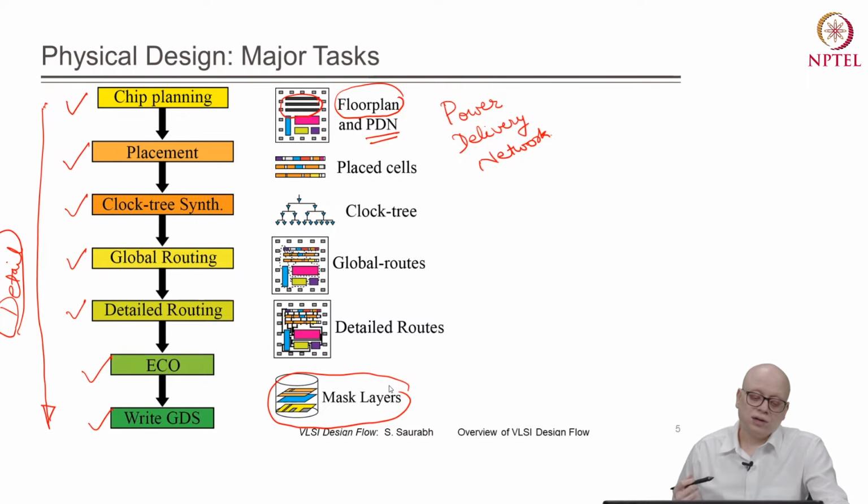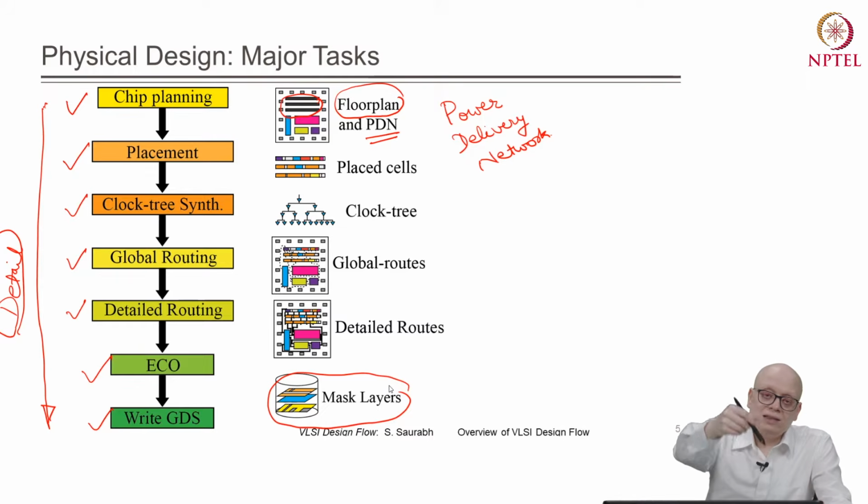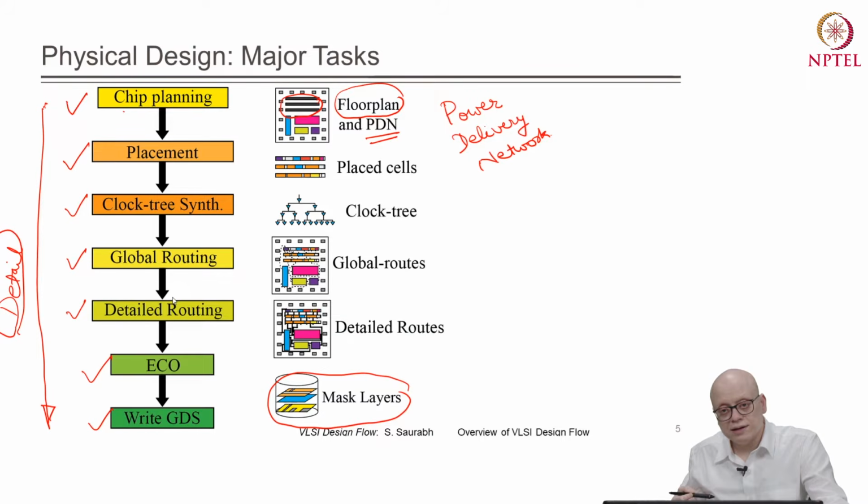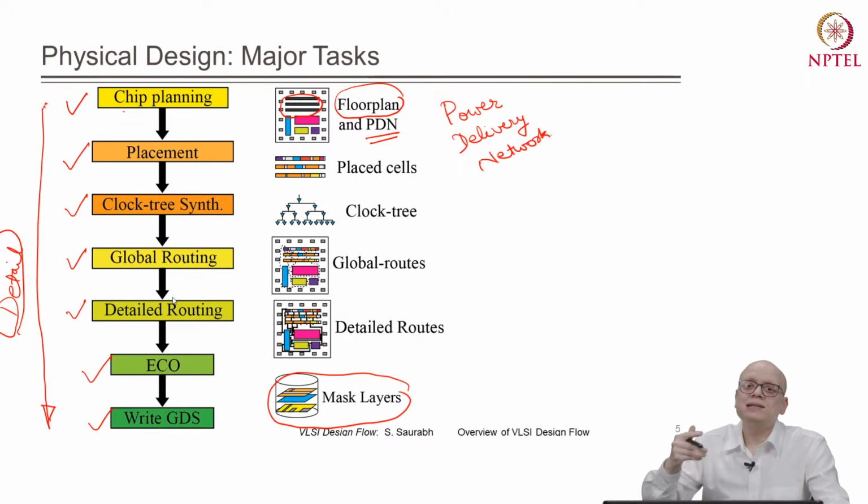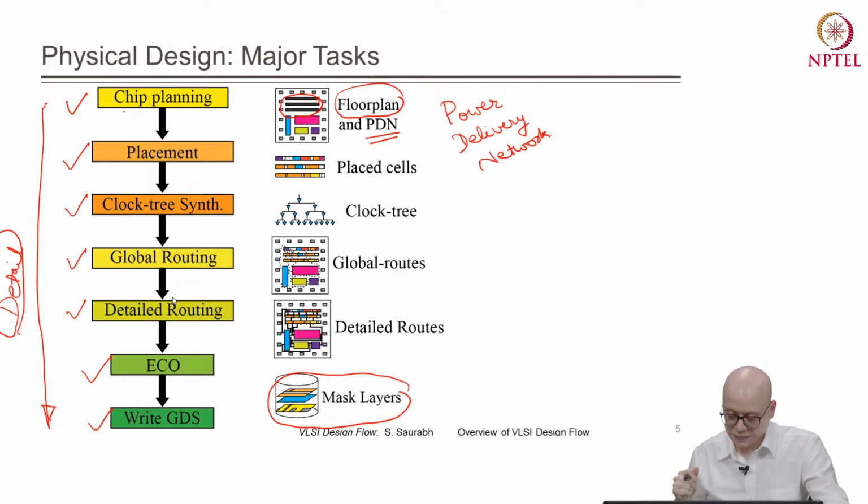So, the top-level view is that as the design flow progresses, from chip planning to placement, clock tree synthesis, and the next levels, more details are added to the design and the abstraction level goes on decreasing. Now, let us look into each of these steps in some more detail, what chip planning is, what placement is, and so on.